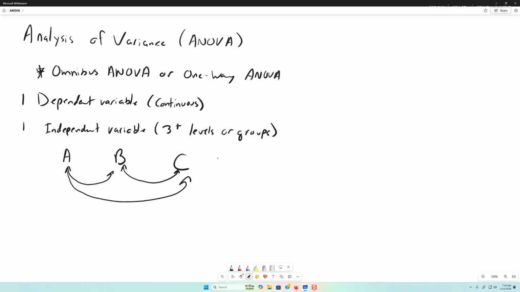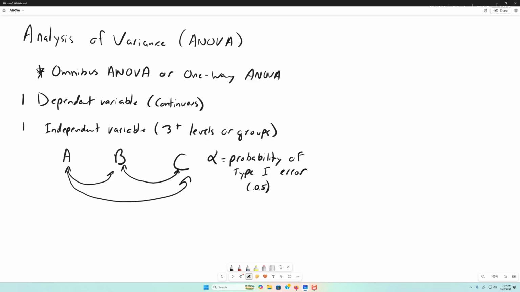The problem with running three t-tests is for every test I run, I increase my alpha, right? So alpha is the probability of a type 1 error. And usually it stays at 0.05. But if I run more than one test, this gets compounded, right?